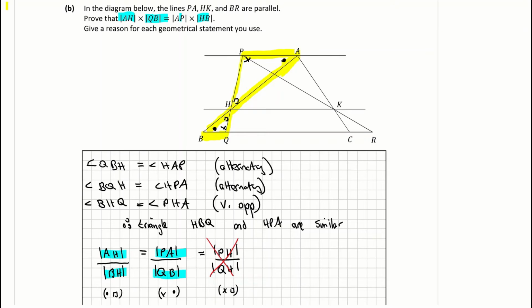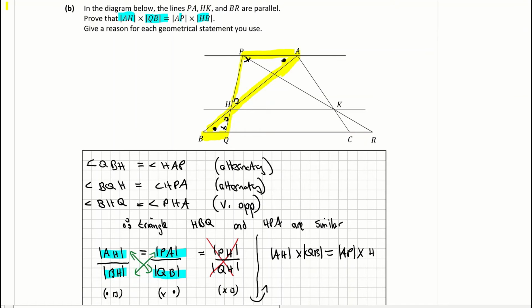And by using a little bit of simple algebra here, I'm basically just going to cross multiply, or basically get common denominators. When I cross multiply, I multiply AH by QB, and I get AH times QB, and that is equal to AP multiplied by BH, or that can also be HB.